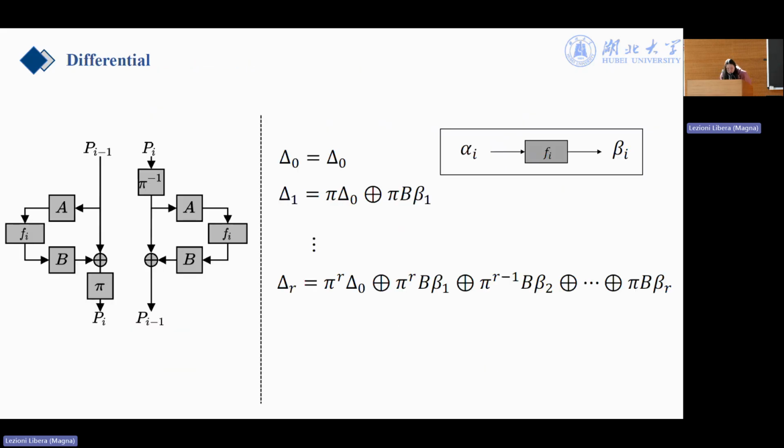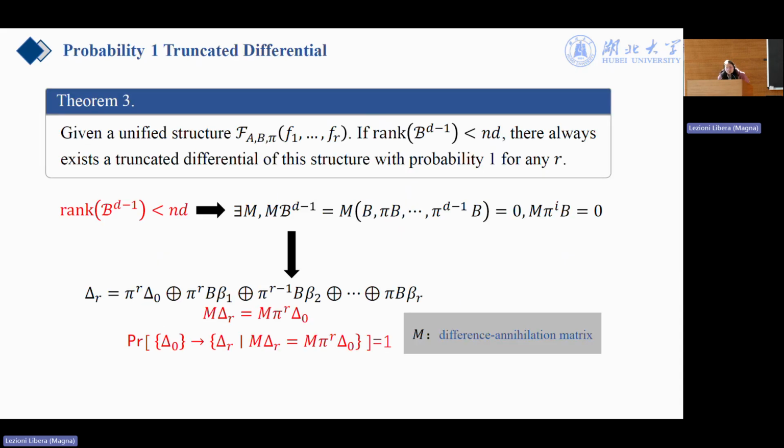For the united structure, we can derive some important difference properties. When the input difference is delta 0, then after R rounds, the output difference takes special forms. Based on this property, we can prove some conclusions.